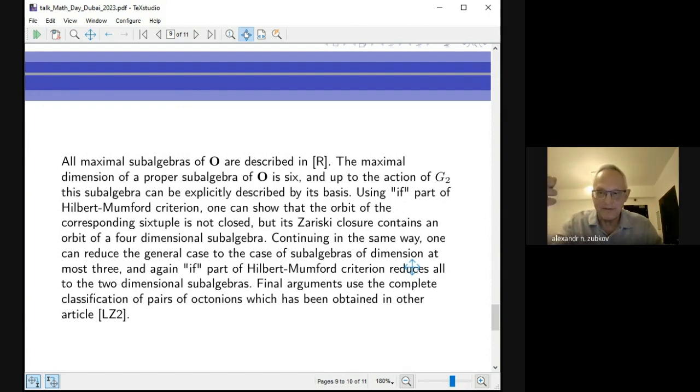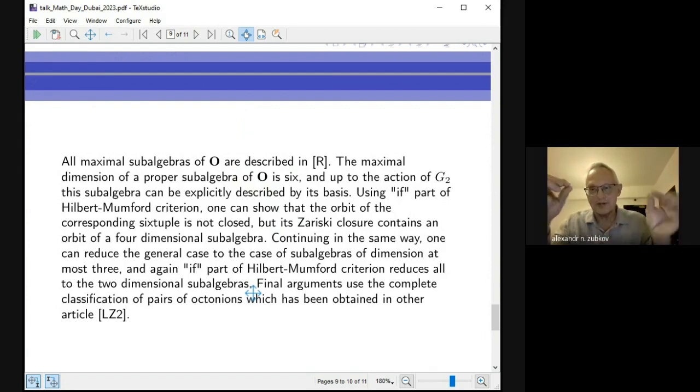Like in this case, if you consider the basis of this 6-dimensional subalgebra of the algebra of octonions, you can show that the corresponding orbit of these 6 elements with respect to the action of the group G2 contains a subalgebra of dimension 4. You see that we have a nice reduction.